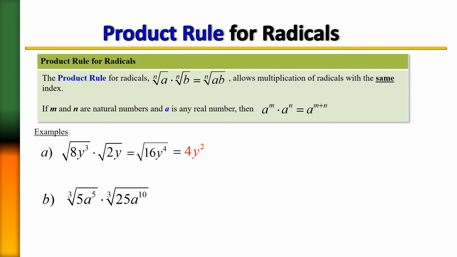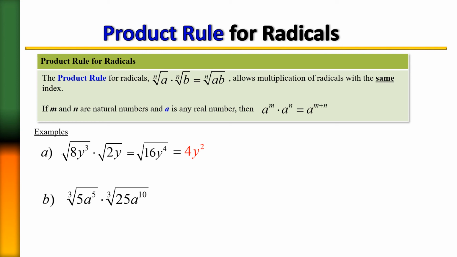All right, so moving on to the second example, we look at the indexes. The indexes are the same, 3, which means both radicals are cube roots, and it is okay to apply the product rule. Multiplying the numeric part, the number 5 times 25.